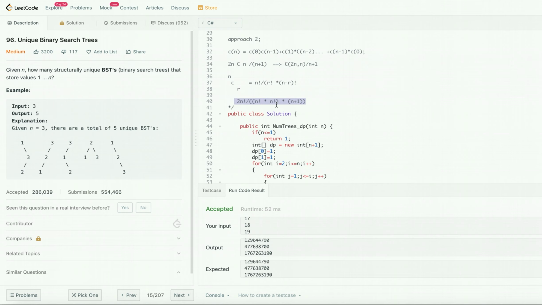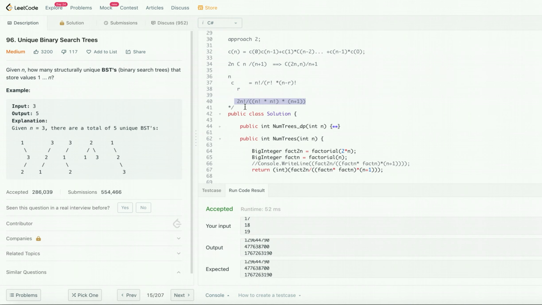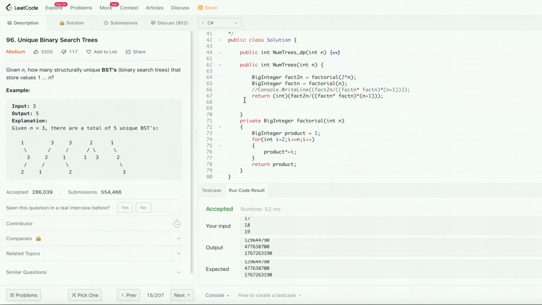This is approach 2. So now what we are going to do is simply substitute n in here and get the answer. That's it. So let's go look at that approach. Since we have to calculate the factorial, I wrote a private method to calculate the factorial for a given number. It takes n, calculates the factorial and returns the product.